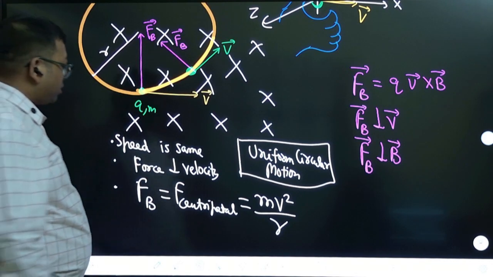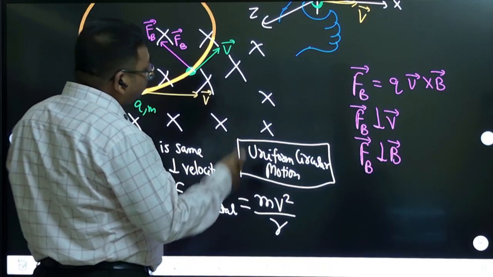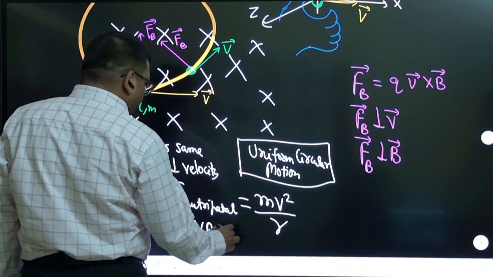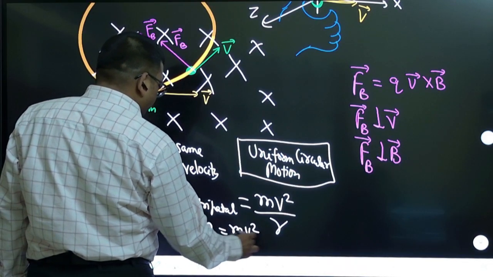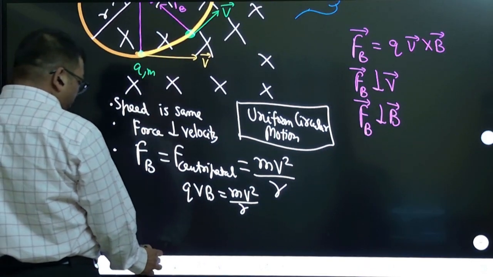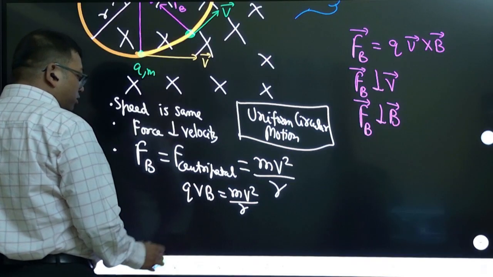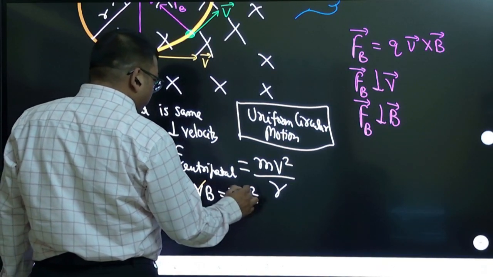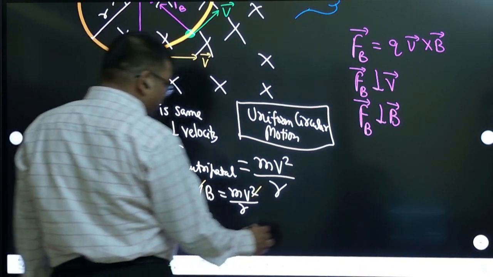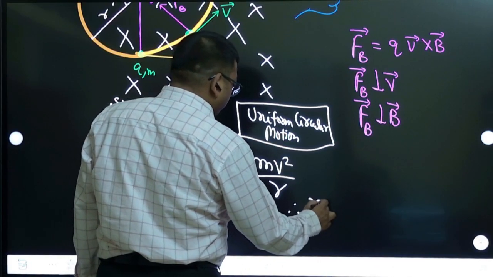Now we can equate. So magnetic force is maximum. We know that. So magnetic force is qvB, and this is mv square by radius. So from here we can simplify this equation and we can cancel out. v will get cancelled out. So from here you will be able to find the radius of this circular motion.